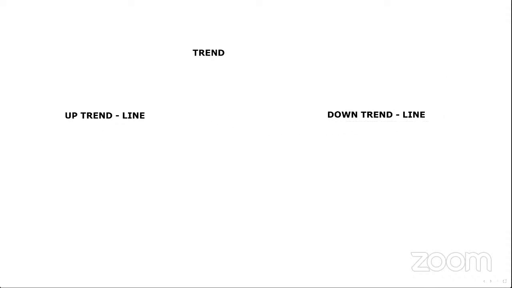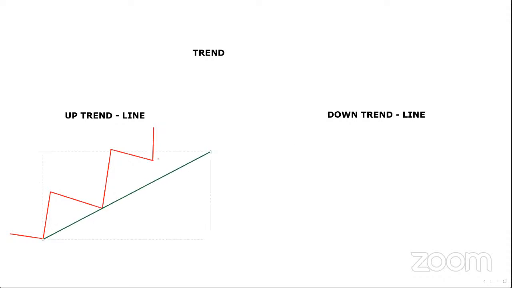An uptrend line simply is something that is drawn below the troughs. As I told you, we have peaks and troughs. An uptrend line is simply something that looks like this. So we're going to connect these points.